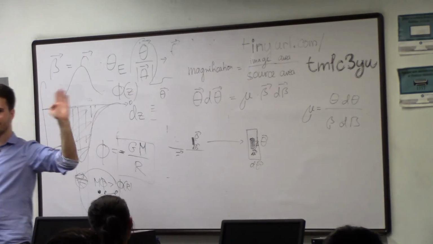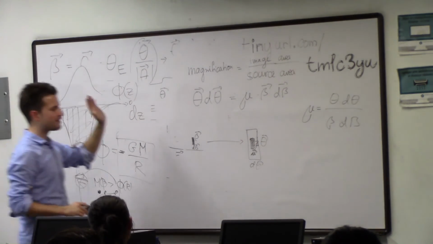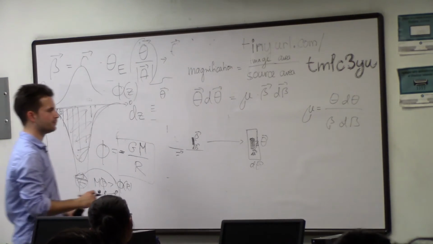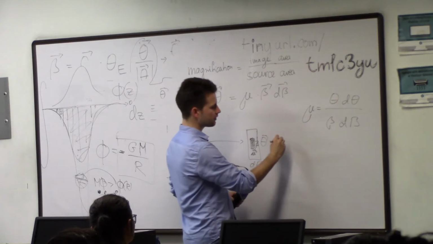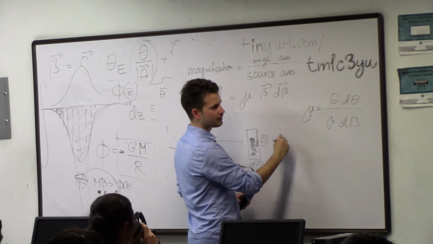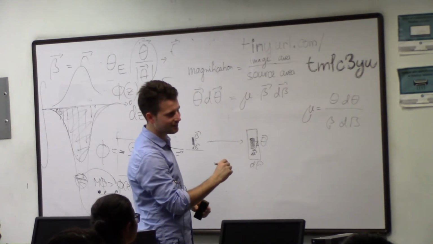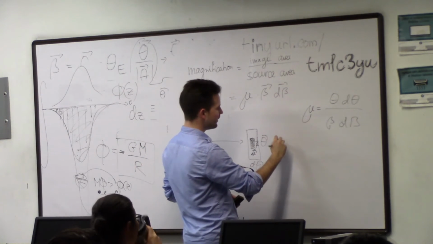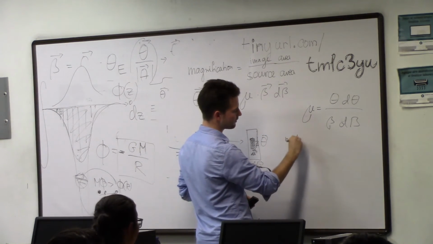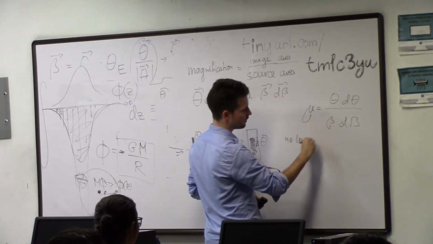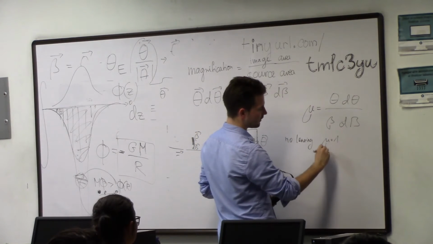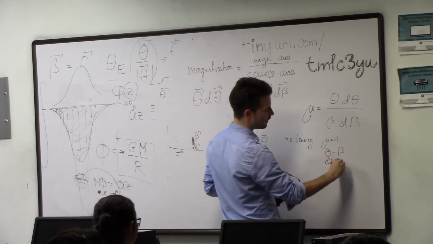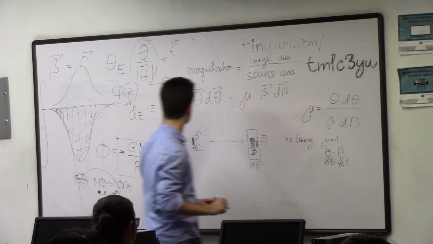You are looking at the galaxy, no lensing, it looks the same. So basically for no lensing, mu equals 1 and theta equals beta, d theta equals d beta.